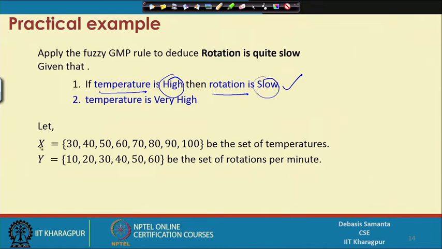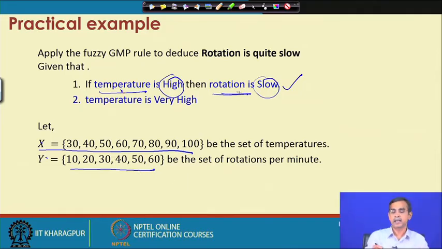So, here basically x is the universe of discourse regarding the different temperatures, that is basically sets, and then the rotation has certain metrics. So, they are expressed in this form 10, 20, 30 like this. So, x and y are the two universes of discourse representing the temperature and the pressure respectively.